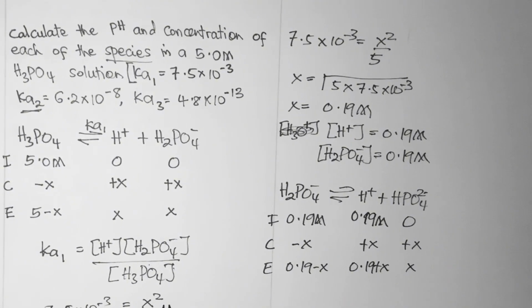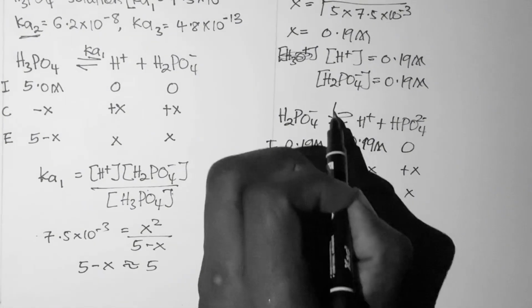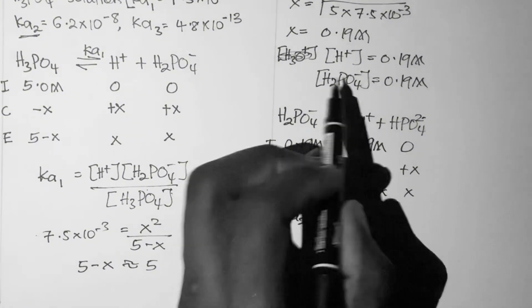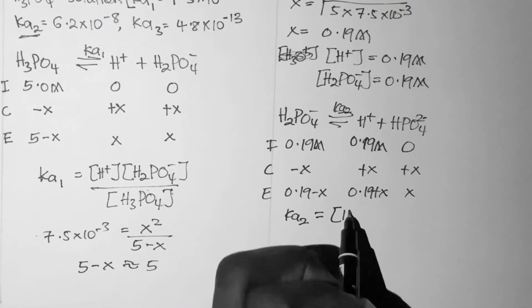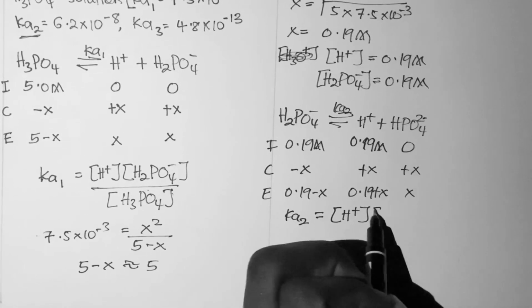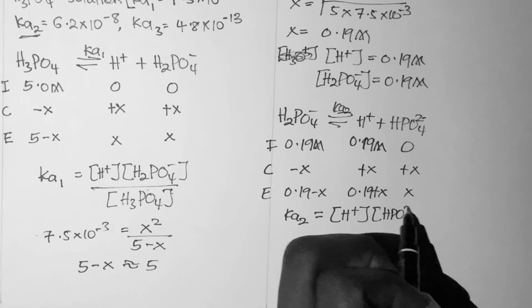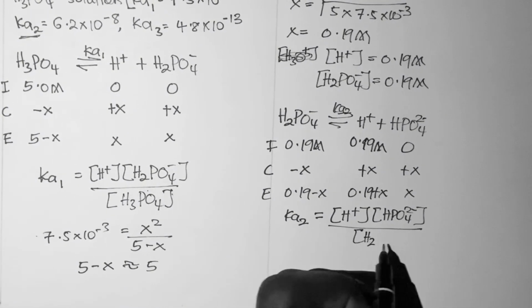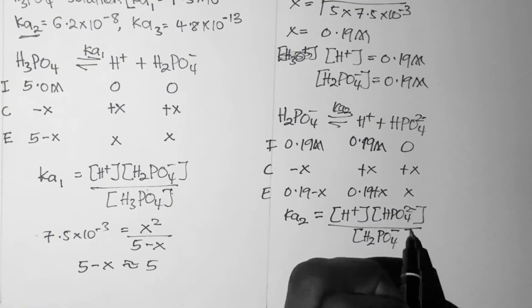So let's write the expression for Ka2. Because this is the second dissociation, it is characterized by the second acid dissociation constant, which is equal to the concentration of the H plus ions times the concentration of HPO4 2 minus ions divided by the concentration of the H2PO4 minus ions.